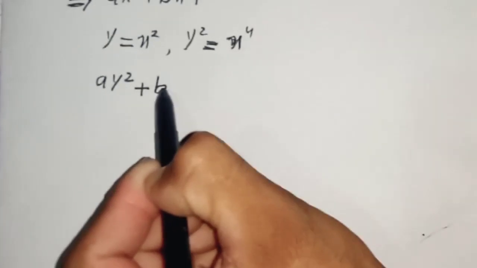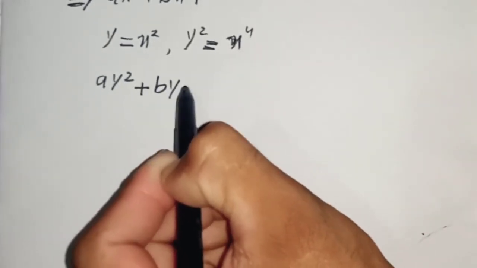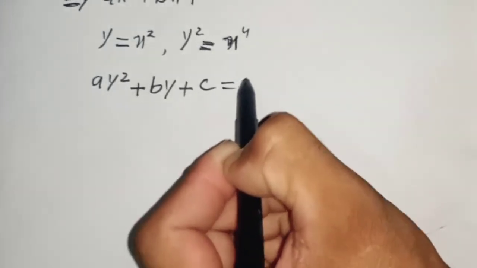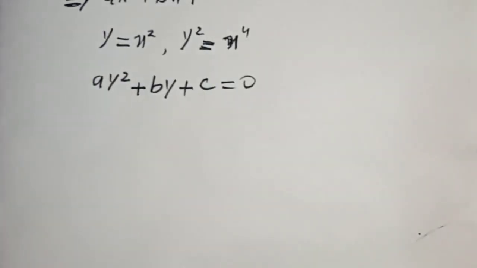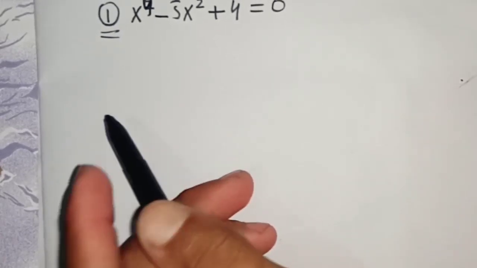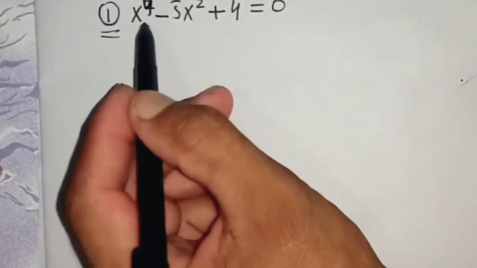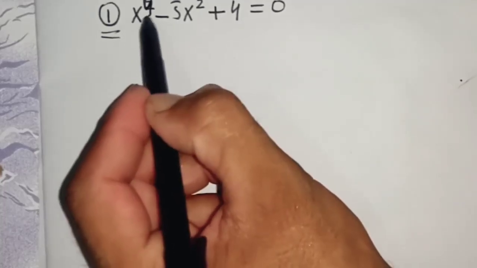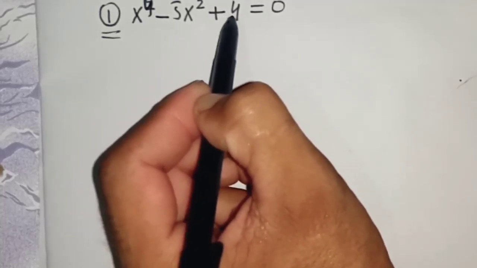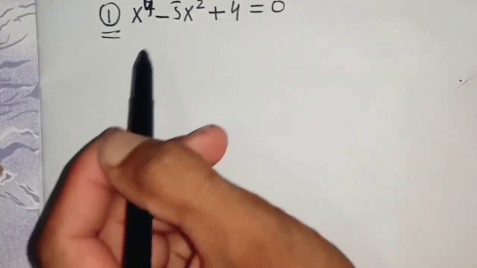Then we will get the original solutions by re-putting the value of x. Let me do an example of an equation like this. From exercise 1.2 we are given question number 1, x^4 - 5x^2 + 4 = 0.